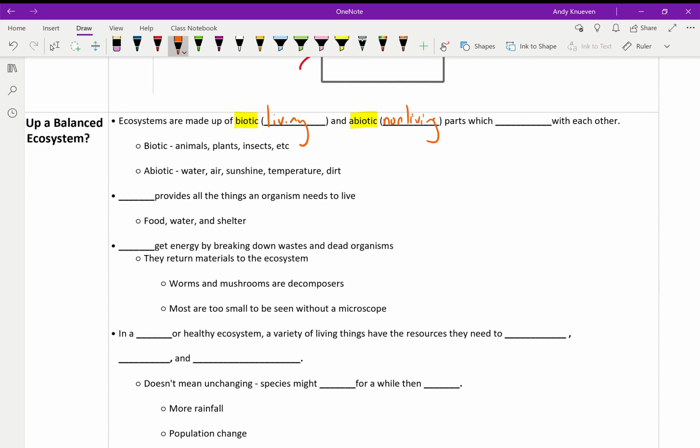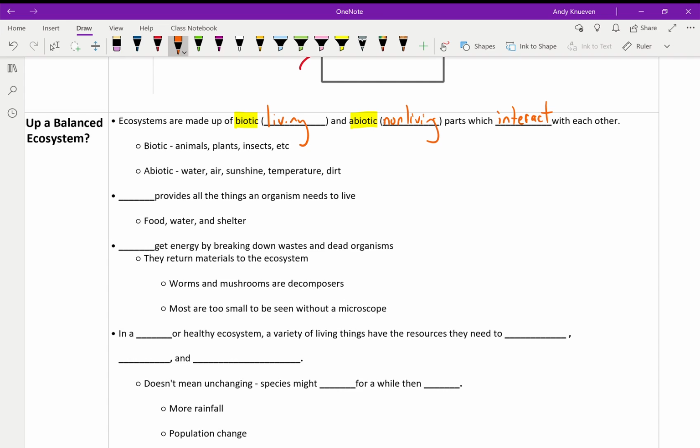An ecosystem is made up of biotic and abiotic parts which have to interact. Without that interaction, we don't survive. So biotic things are the animals, the plants, the insects, the birds, the grass, all those living things. Abiotic, again non-living, are water, air, sunshine, temperature, dirt, which never were living.